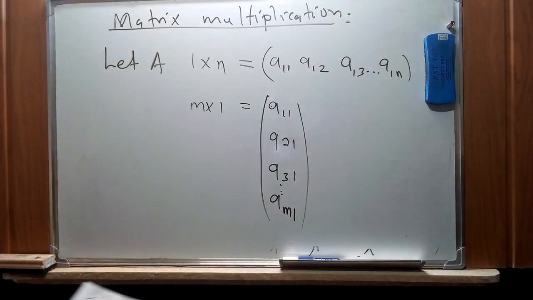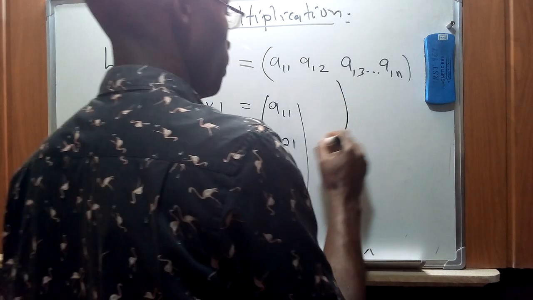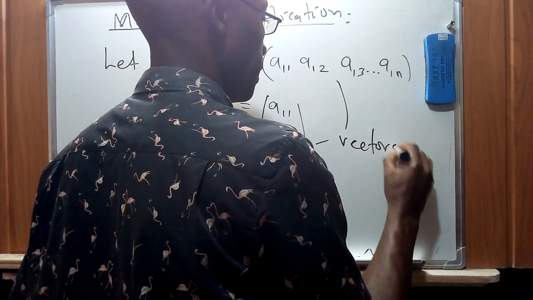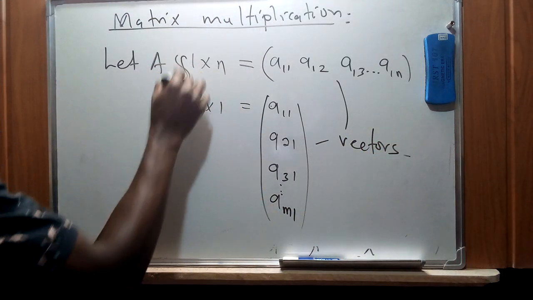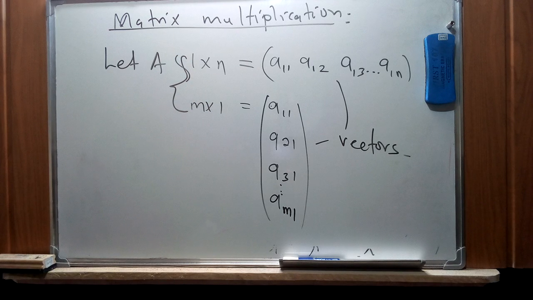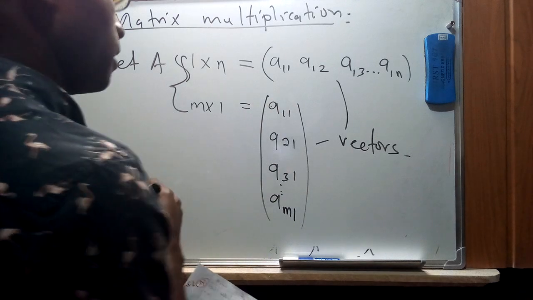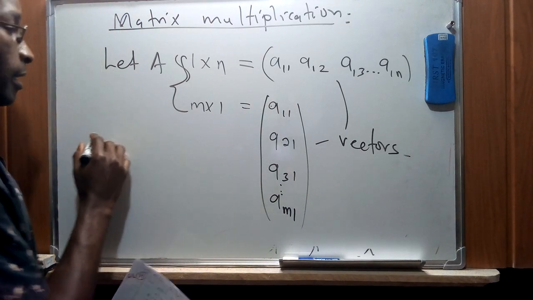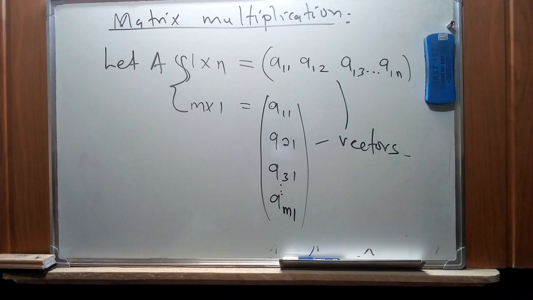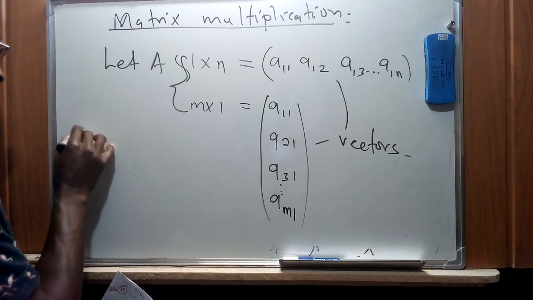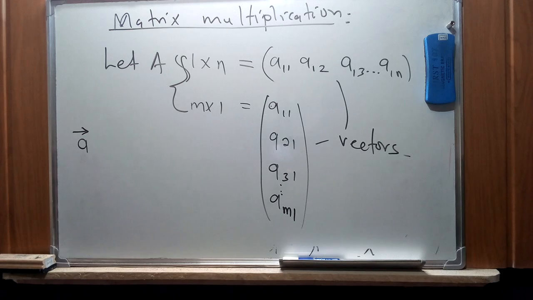So these two specific representations are what we referred to in one of our videos as vectors. Basically, matrices that have that kind of order are what we call vectors. A vector is a quantity with magnitude and direction.